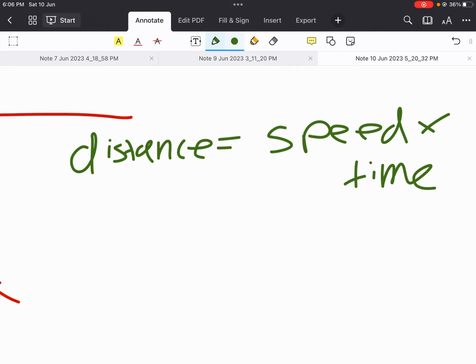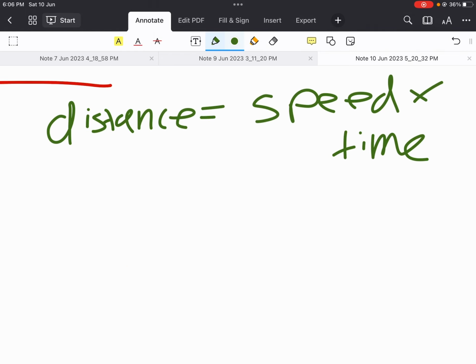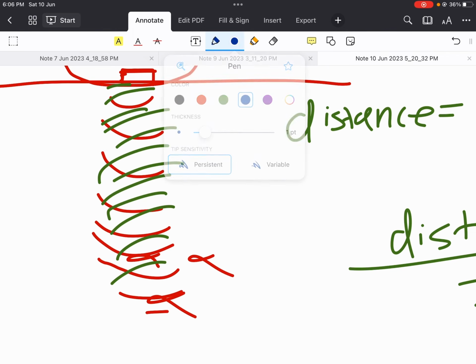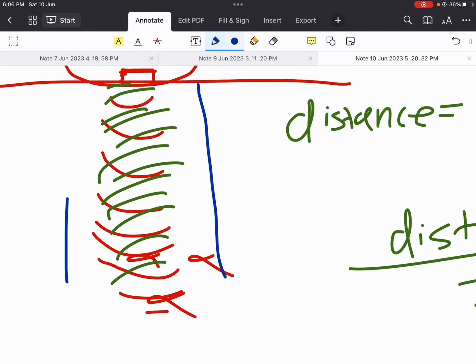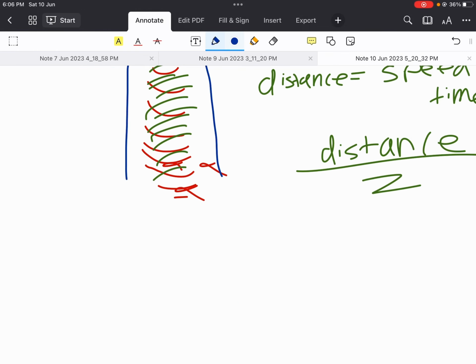So you just multiply that 1,500 times the time taken for the pulse to come back, and then you divide the distance you get by 2 to get the actual distance, because the time you're getting is the time it takes to go there and come back as well. So it's basically doubling the distance, so you need to halve it to get the actual distance. Otherwise, it's like saying, oh, it went all the way there, and that's not actually the case.